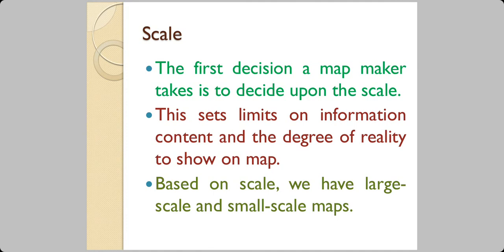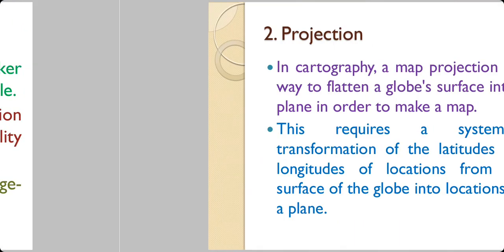Otherwise, if the size is small, then you have to only look at the essentials, what the objective of this map is. That is important for you, and then you neglect and ignore everything else. All right, so based on scale, we have large scale maps and small scale maps.